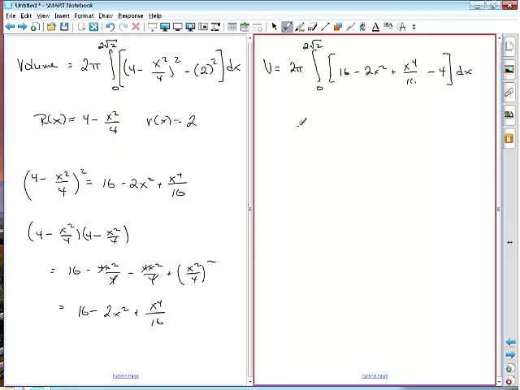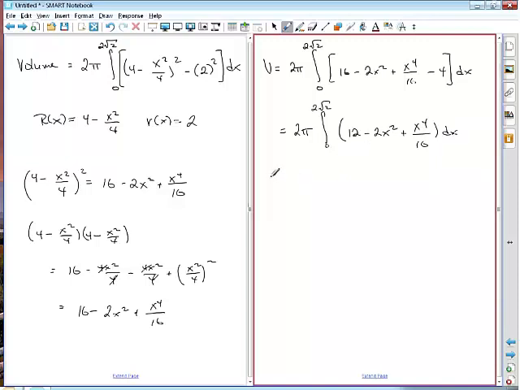So we can combine the 16 and the 4, so we get 2 pi, the integral from 0 to 2 times the square root of 2. So we have 12 minus 2x squared plus x to the 4th over 16, the whole thing times dx.